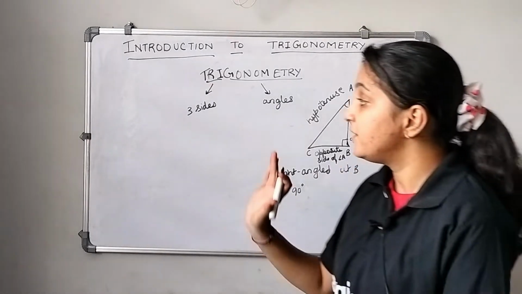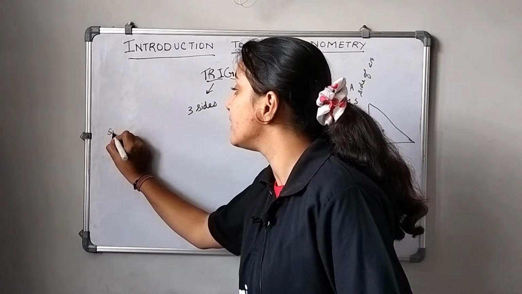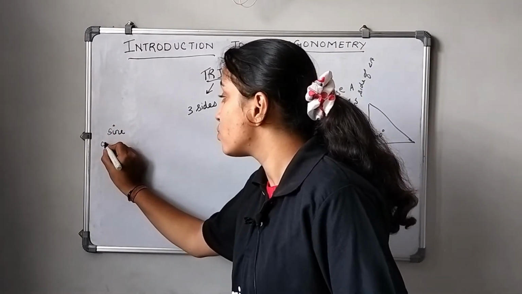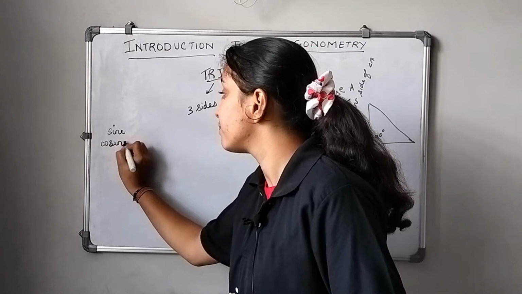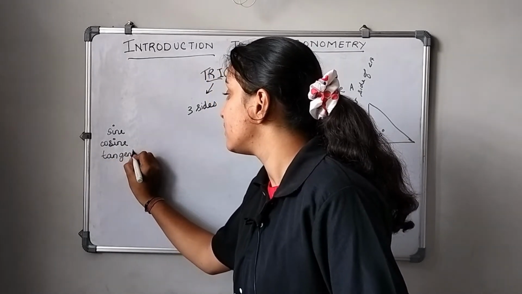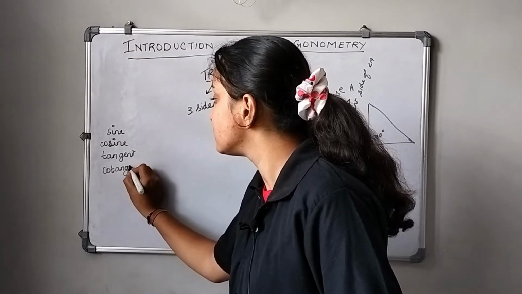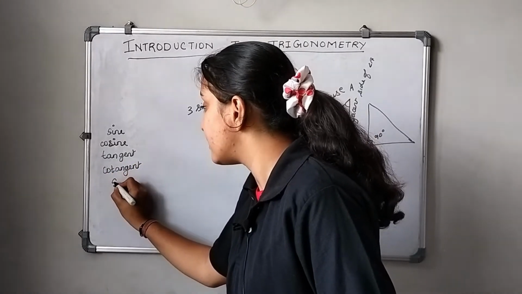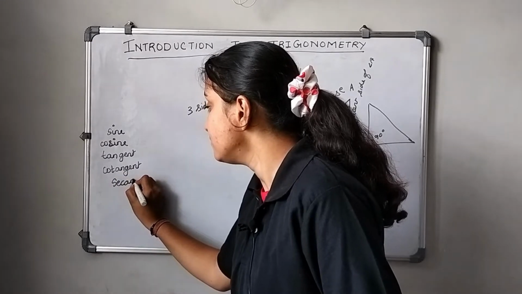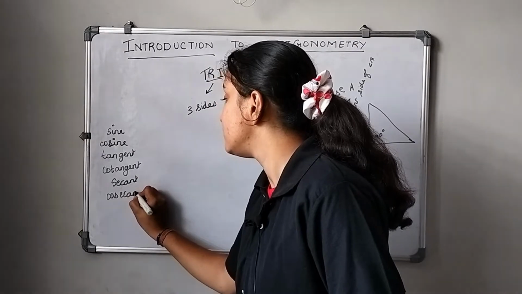We have some ratios which are called sine, cosine, tangent, cotangent, secant, and cosecant.